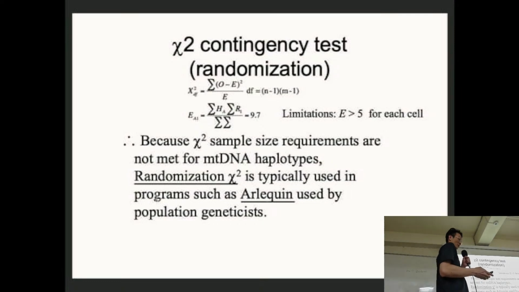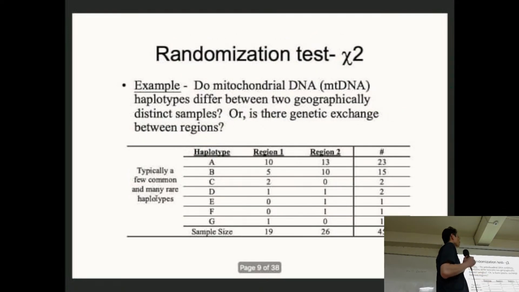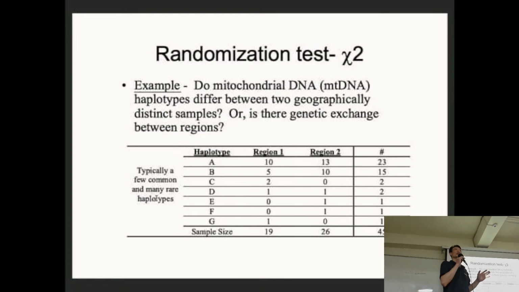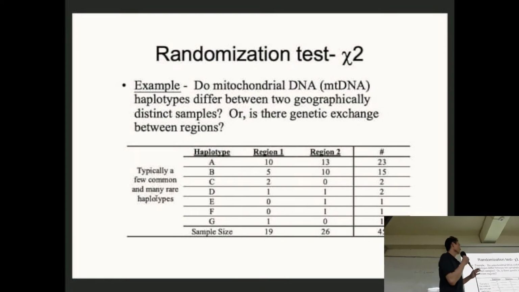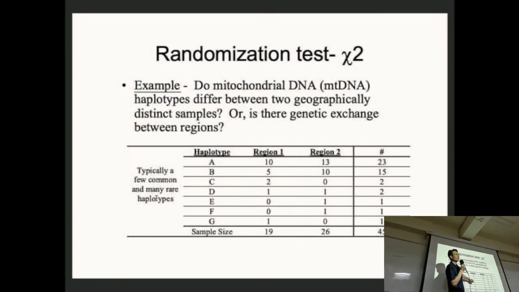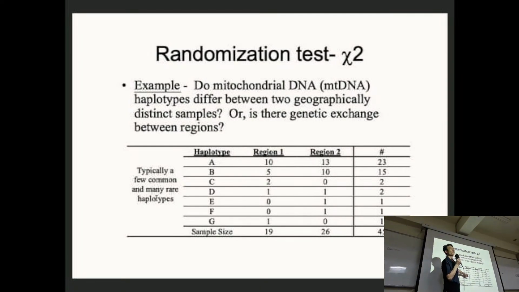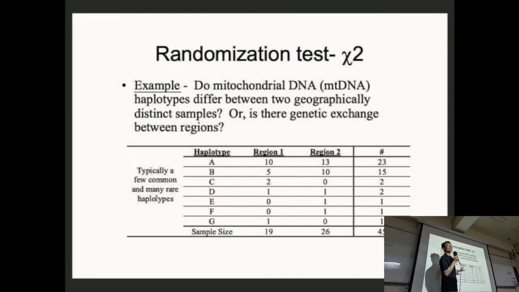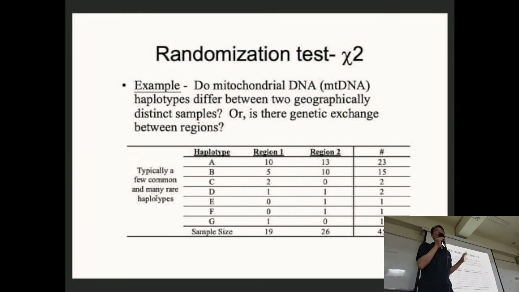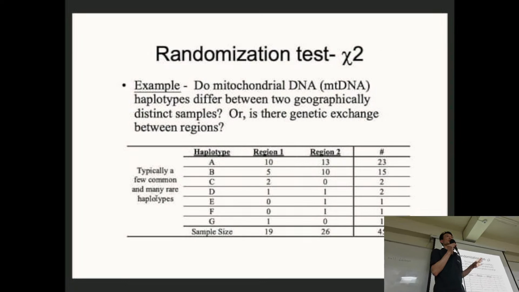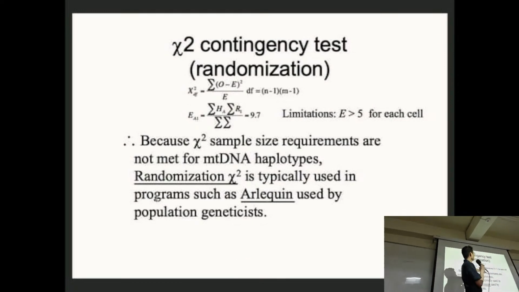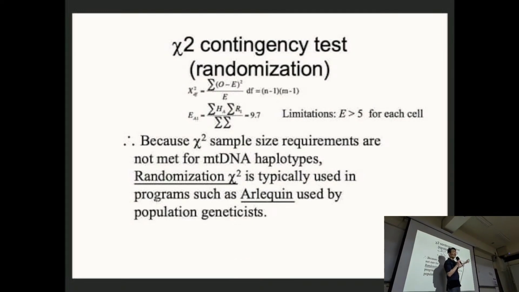However, for the chi-square distribution, the necessary requirement is that each Eij must be bigger than 5. Not Oij, Eij. For any cell, the necessary condition for the chi-square test to work is that Eij must be bigger than 5 for each cell.